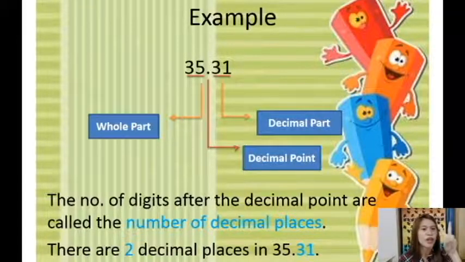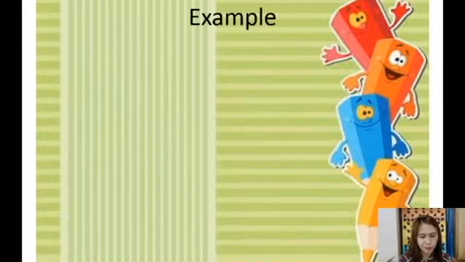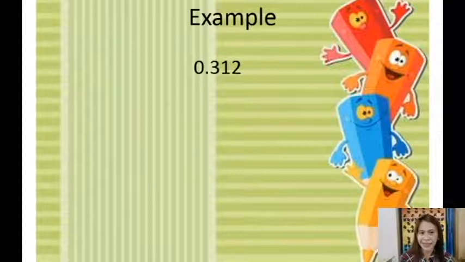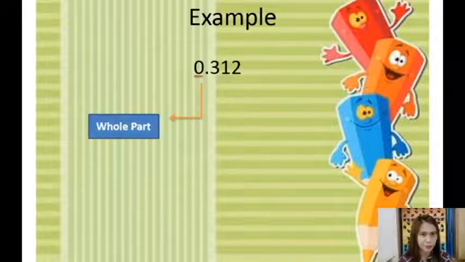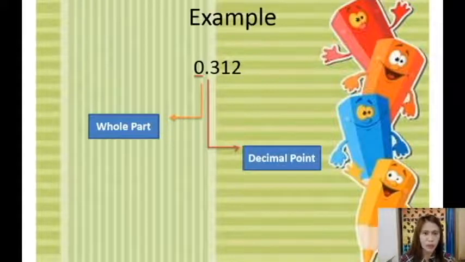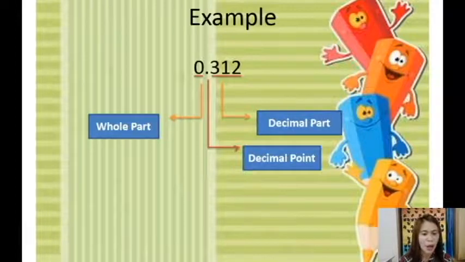That's why we have two decimal places. Okay. Next example. 0.312 thousandths. Okay. So, the 0 is the whole part. Okay, the 0 is the whole part. We have the decimal point, and then we have the decimal part.